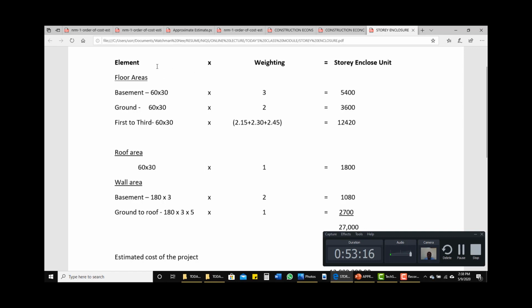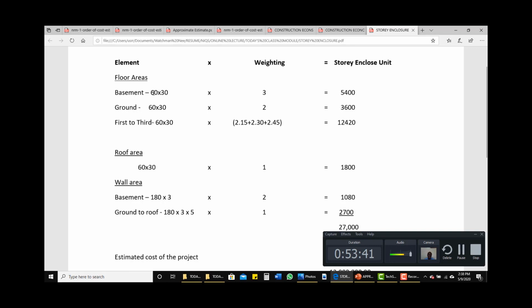Now, if you look at this, we have the element, we have the weighting factor, then we also have the Storey Enclosure unit. Now, for the elements, the floor areas, we have our basement. We are going to calculate the basement separately, which is 60 by 30.